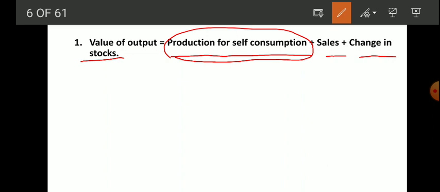So, it is better to remember this formula. The production for self consumption should be included in the value of output.